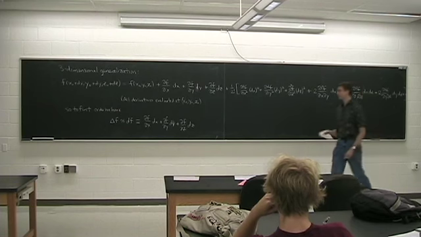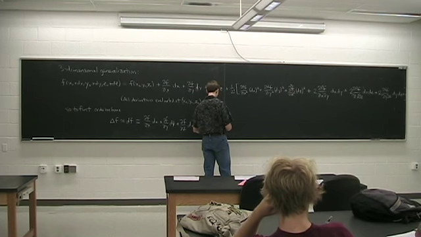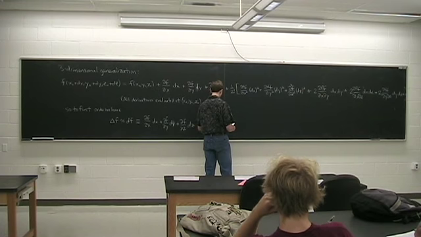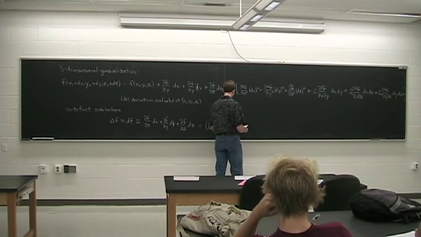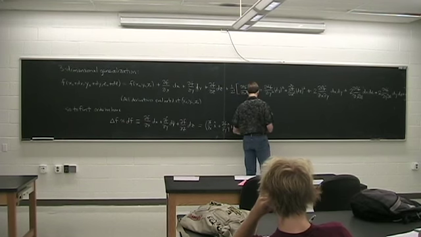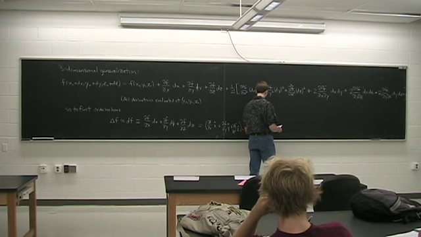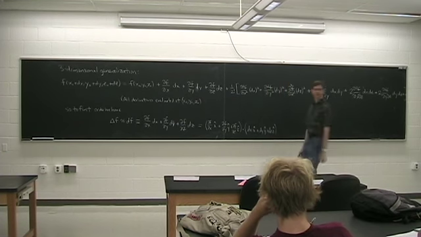But the thing to notice with that is that you could write that as a vector product, as a scalar product of the vector whose components are partial f partial x times x hat plus partial f partial y times y hat plus partial f partial z times z hat, dotted into the vector whose components are dx x hat plus dy y hat plus dz z hat.